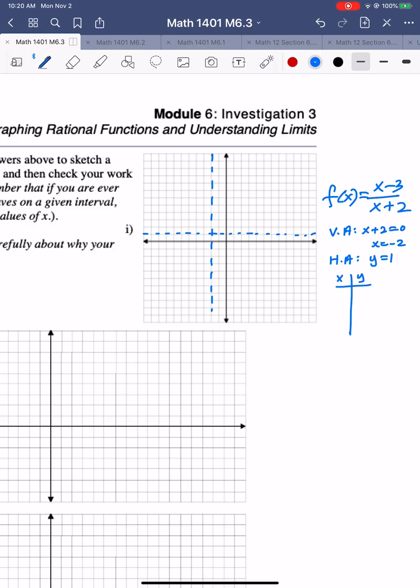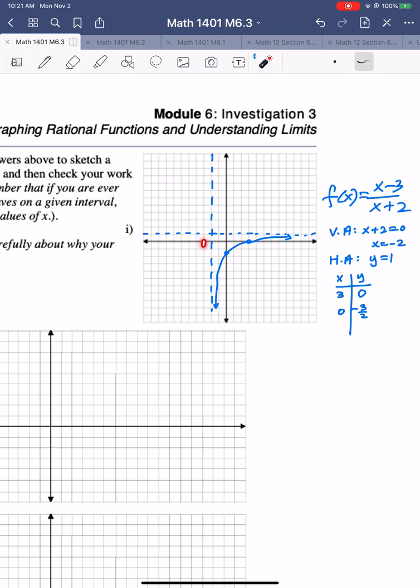When y is 0 and you solve for x, x equals 3. So (3, 0) is the x-intercept. For the y-intercept, x is 0, which gives negative 3 over 2, which is negative 1.5. Then I just need one more point, and I always use a point next to the vertical asymptote.